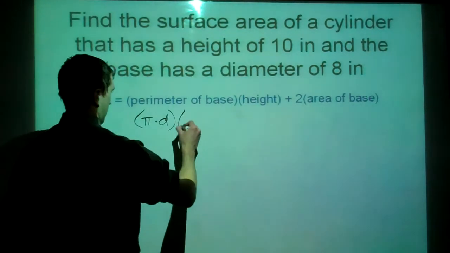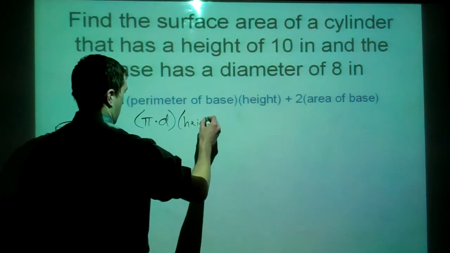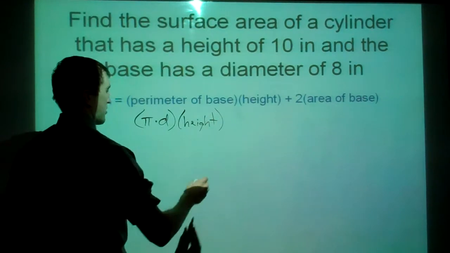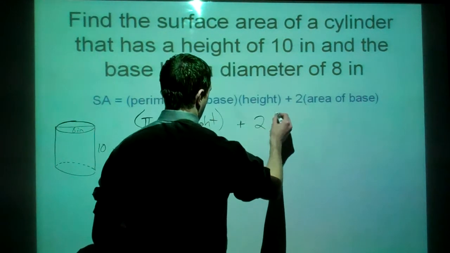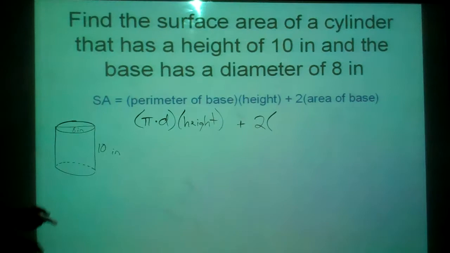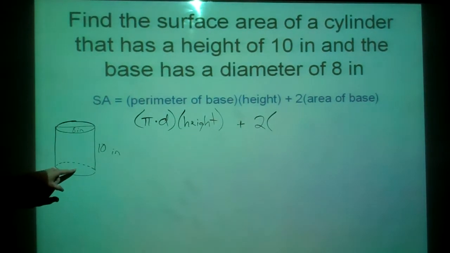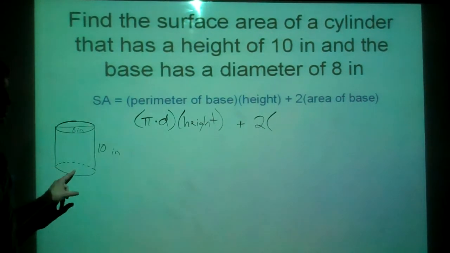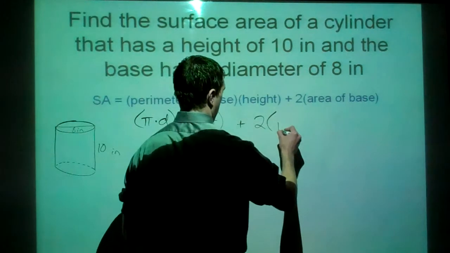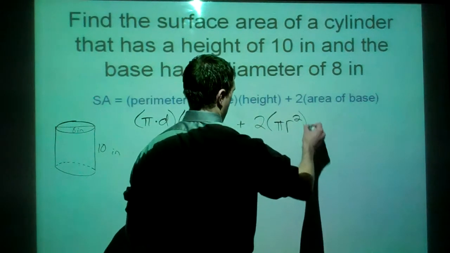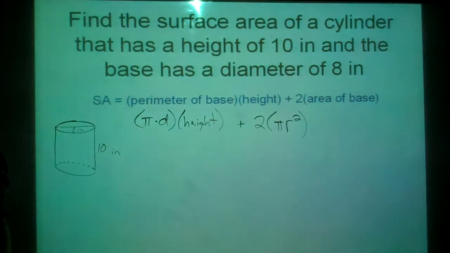Times our height, height is going to be the same thing, height of our figure, plus 2 times the area of our base. Now the area of a circle, since our base is a circle, area of a circle is pi times radius squared. And we will go ahead and use 3.14 for pi.